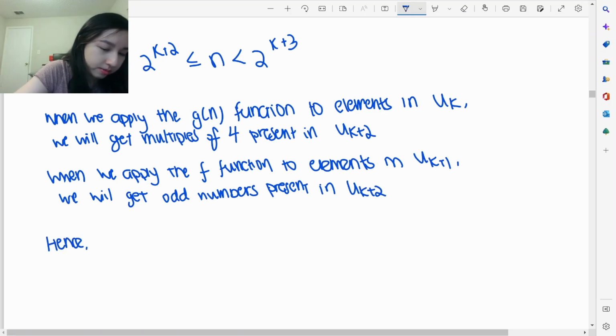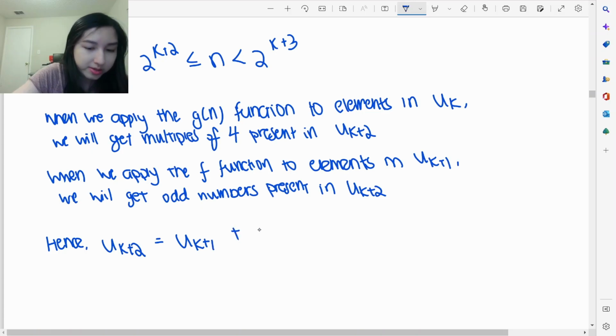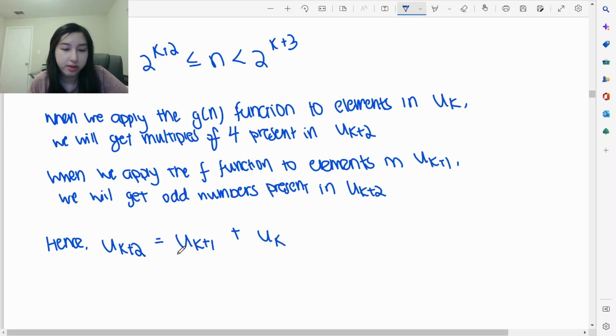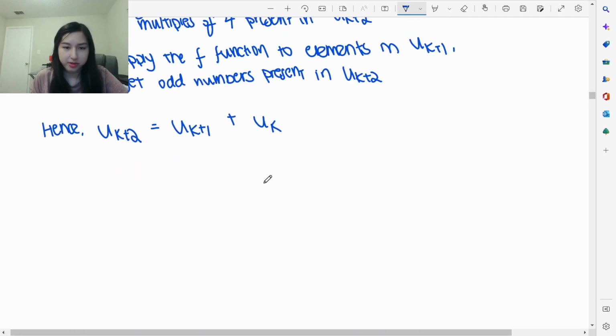Hence, uk plus 2 equals uk plus 1 plus uk, because all the odd numbers and all the multiples of 4 will give you all the possible numbers, if that makes any sense.